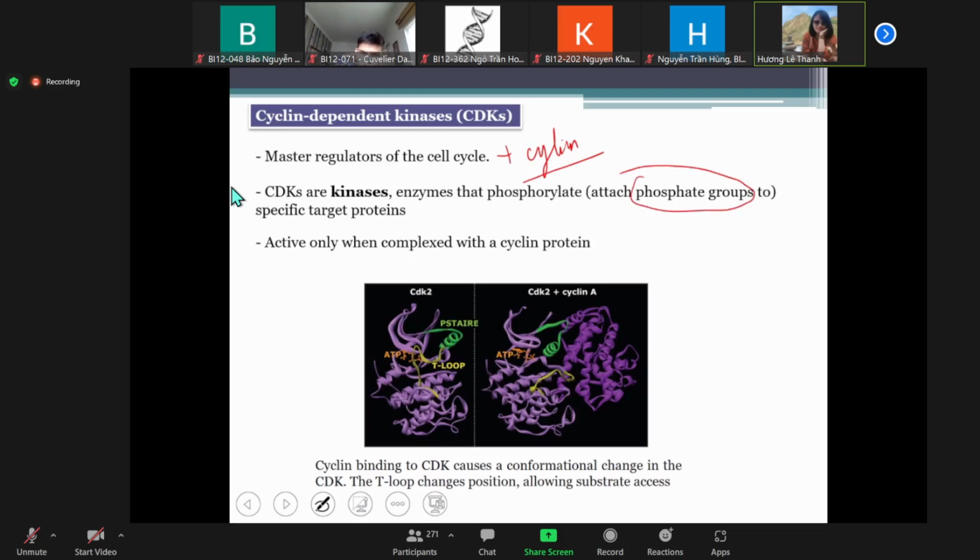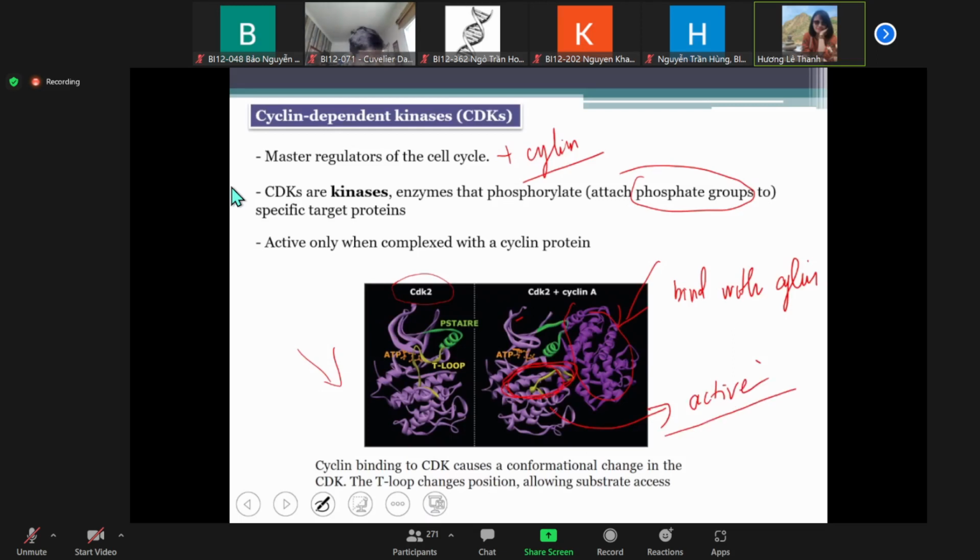Here in the picture, you can see CDK2, one kind of CDK, cyclin-dependent kinase, in its non-active form. Whenever it binds to cyclin A, you can see the loop opens and they become active, they can work.